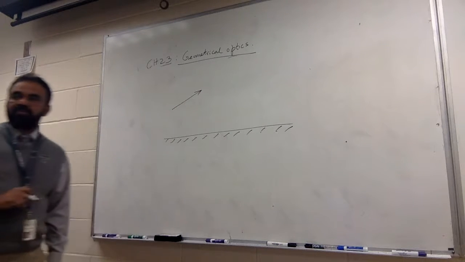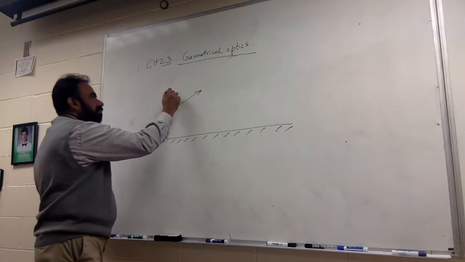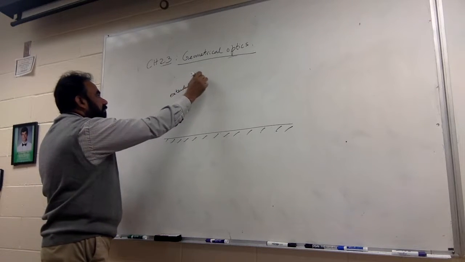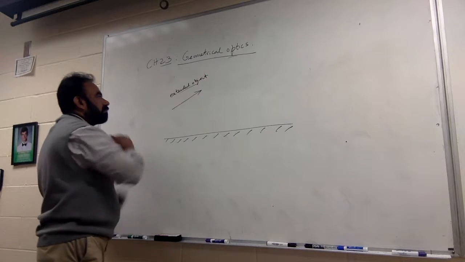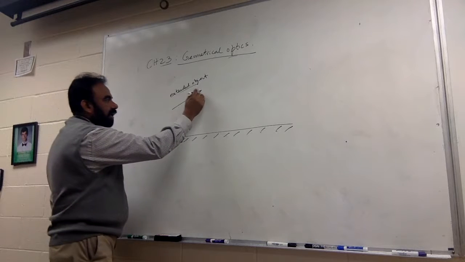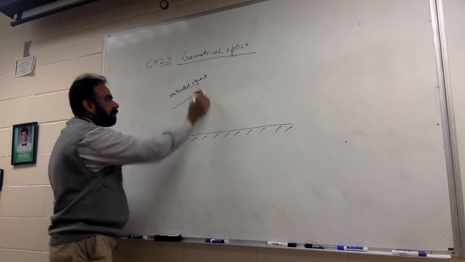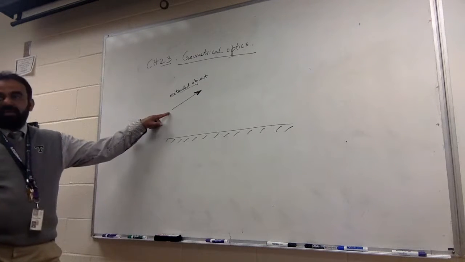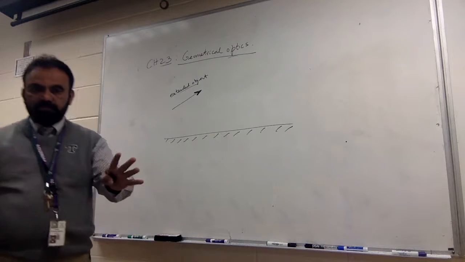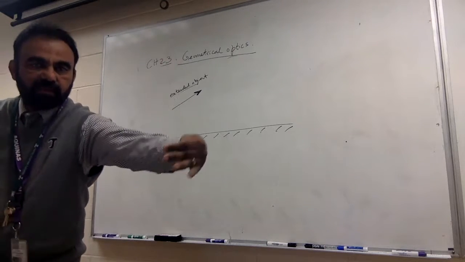This arrow is an extended object. This is the arrowhead, and this is the tail of the arrow. So that's a mirror, and that's the arrow right there.